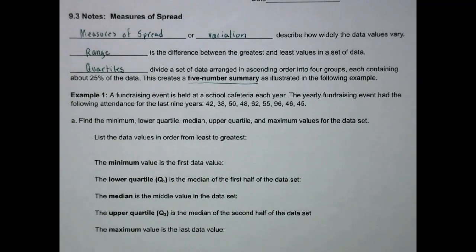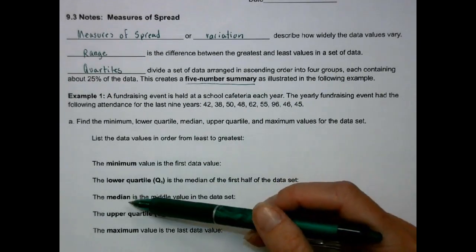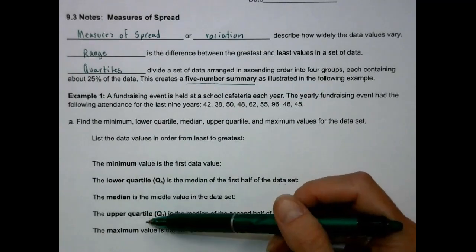Okay. So a fundraising event is held at a school cafeteria each year. The yearly fundraising event had the following attendance for the last 9 years. So we're going to find our 5-number summary, which is going to be the minimum, the maximum, the median, and then the lower quartile and upper quartile.